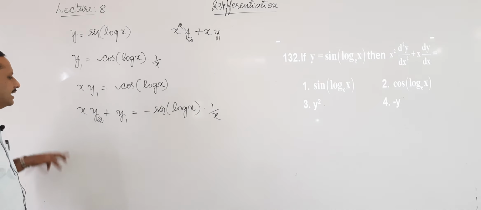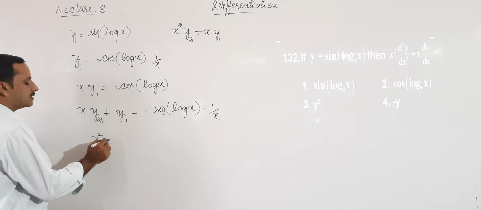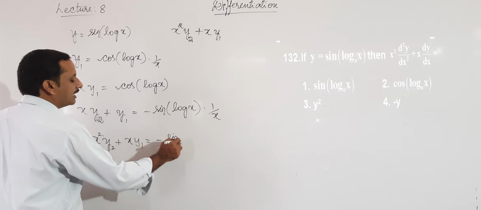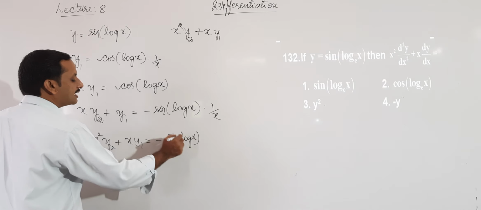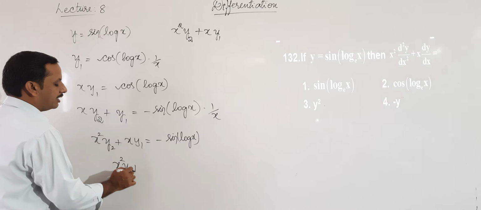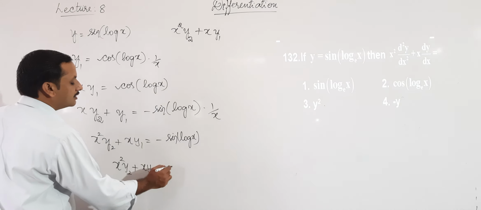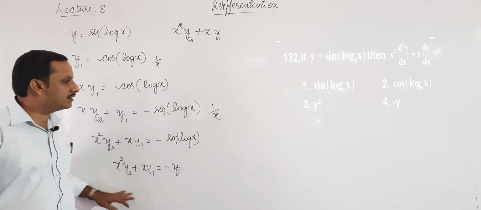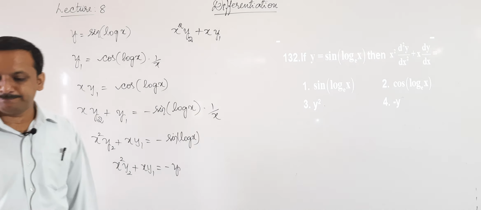Cross multiply, bring that x here, that will give you x square y2 plus xy1 is equal to minus sin log x. What is sin log x? Sin log x is y. Therefore, we get x square y2 plus xy1 is equal to minus y, which is the fourth option.